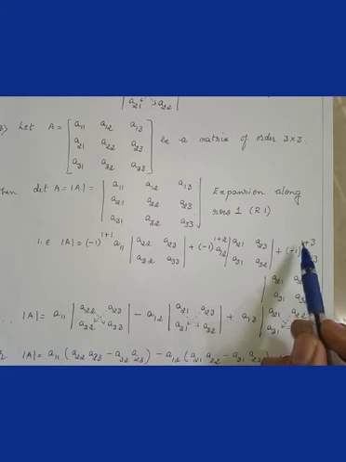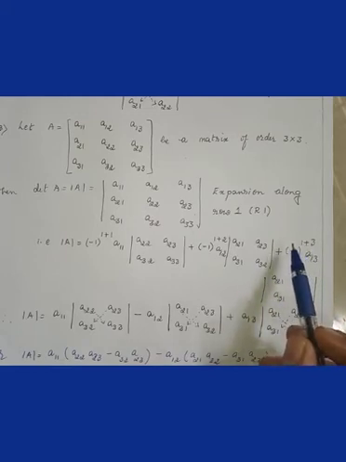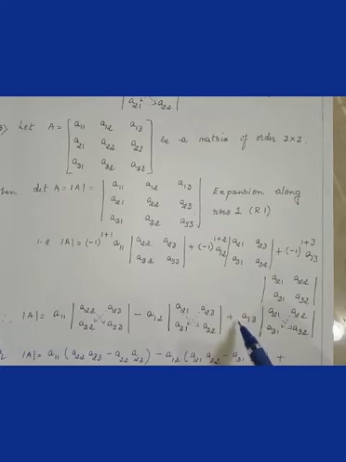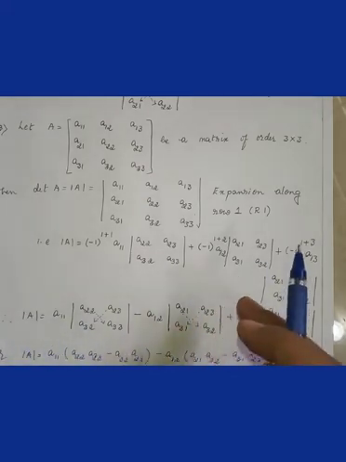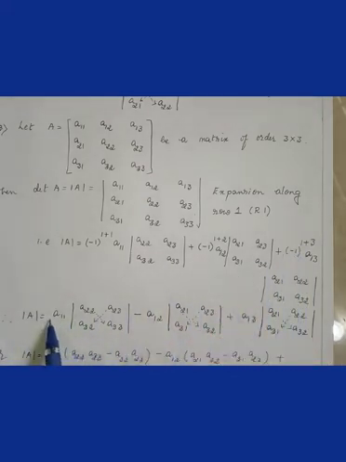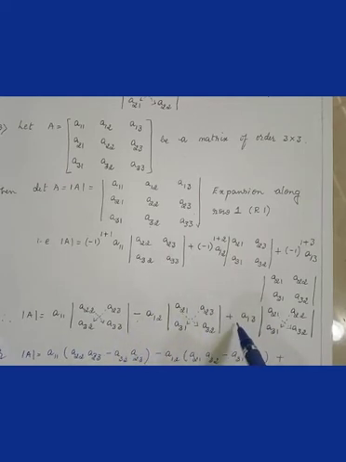And minus 1 to the power 1 plus 3 is 4, so again minus 1 to the power of an even number is positive. So no need to write this every time. If you are expanding the 3 by 3 determinant along the first row, directly write the first entry as plus, the next entry as minus, and the last one as plus.